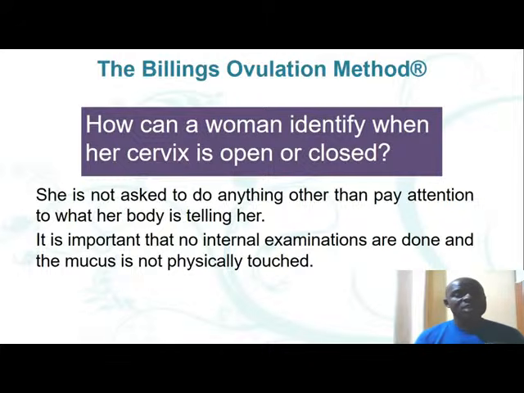We said we have two types of mucus: fertile and infertile mucus, being produced in either the infertile phase or the fertile phase.